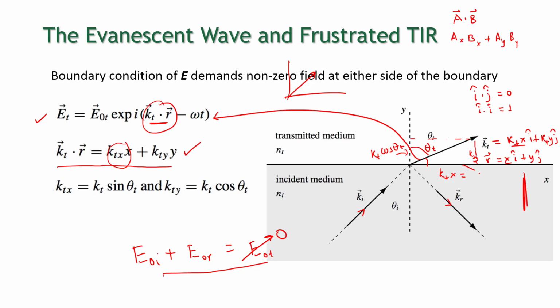The side that is near the angle gets the cosine, that is something you learn in introductory physics, and this side that is away from the angle would be KT sine theta t. That is what we have here. So, x component has KT sine theta t, which is this one again, and KTy is KT cosine theta t, which is this one again.